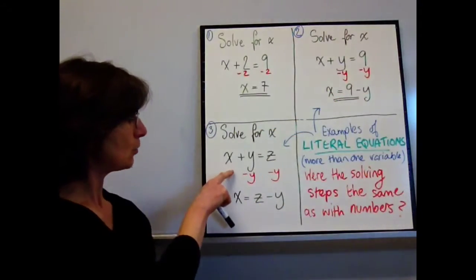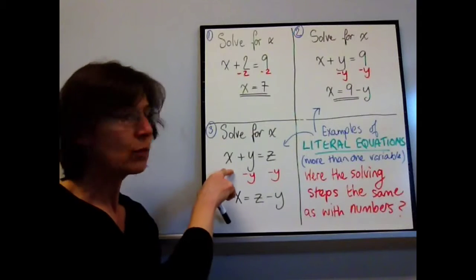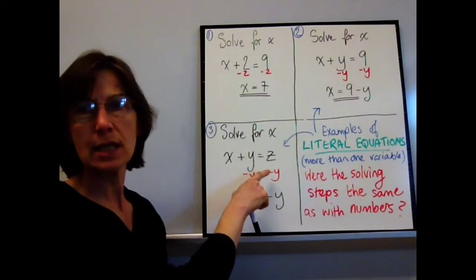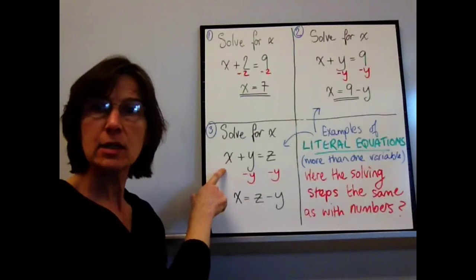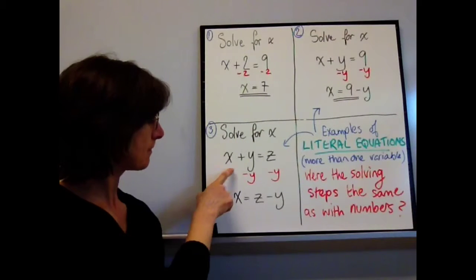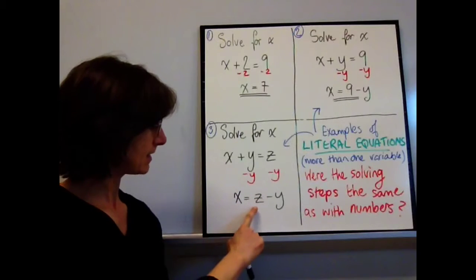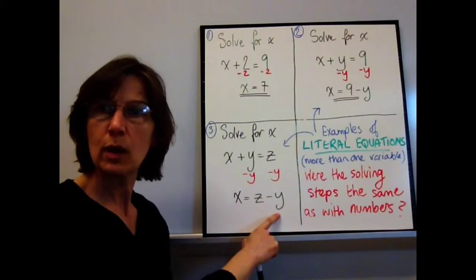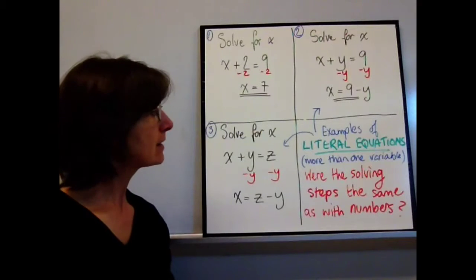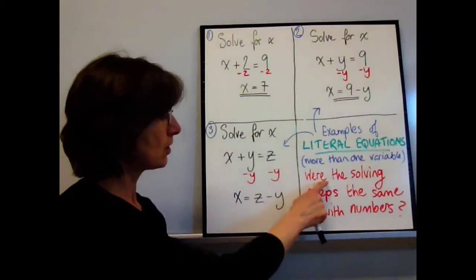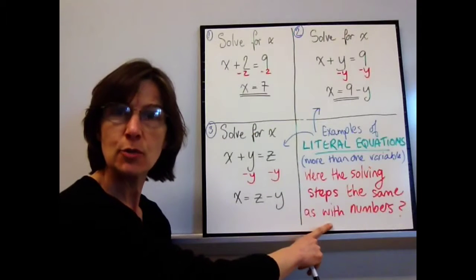Down here, we've got no numbers at all. We've got x plus y equals z. But we know we want to solve for x. So we know we need to subtract y from both sides. So we'll do that, and we'll have x is z minus y. So sometimes there's just going to be no numbers involved. But were the solving steps the same as with numbers?